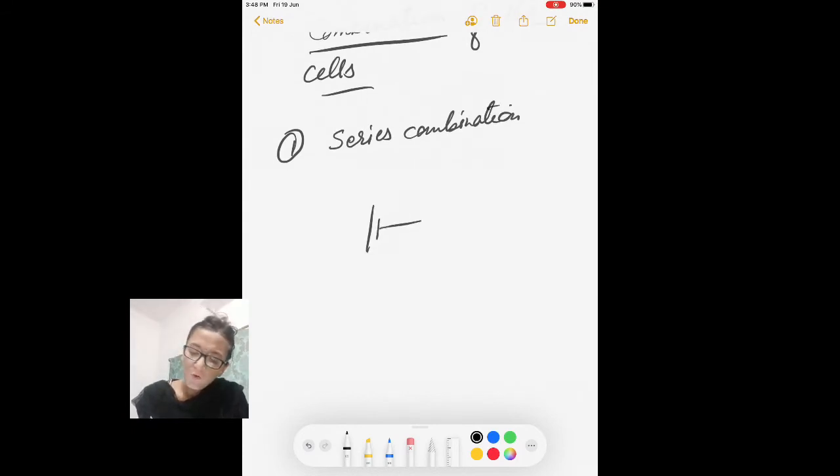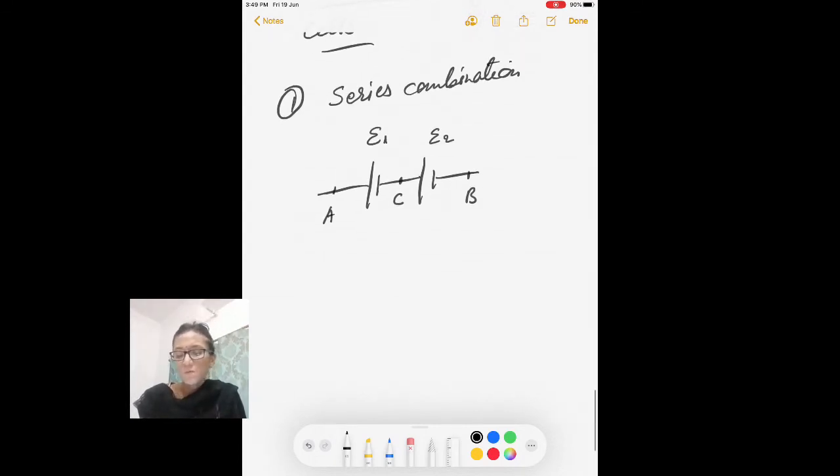In this kind of combination, the cells are connected end to end, side by side. Suppose we have two terminals of this cell which has EMF E1, and this is the second cell having EMF E2, and its terminals A and C. Here C is the common terminal of E1 and E2, and here we have another terminal B.